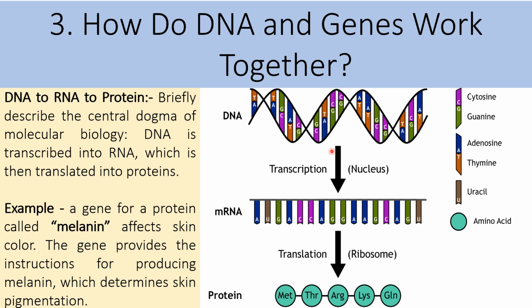This is the DNA strand which is transcribed into mRNA. Then mRNA is translated into proteins. The process of transcription takes place in the nucleus, and the mRNA translation to proteins takes place in the ribosomes. Then a protein, which is made up of several amino acids, is formed.